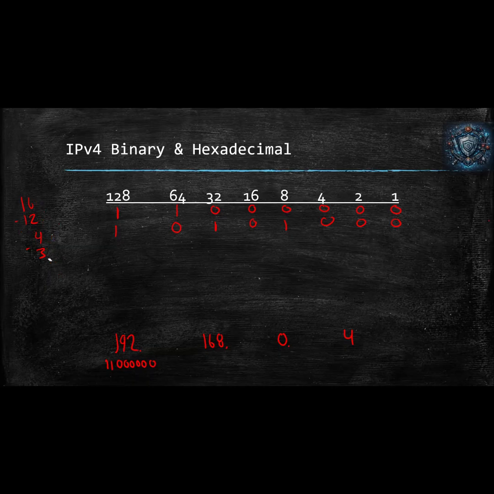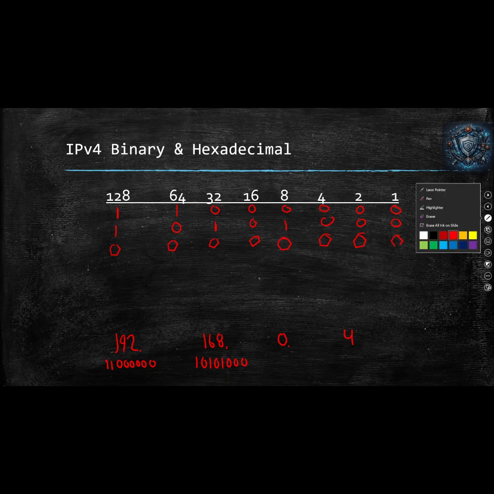Get rid of this again. So now our binary value of 168 is 1, 0, 1, 0, 1, 0, 0, 0. Now I'm sure you can guess what the 0 is going to be, right? All zeros. I don't know why these are showing up as polygons now, but sure.